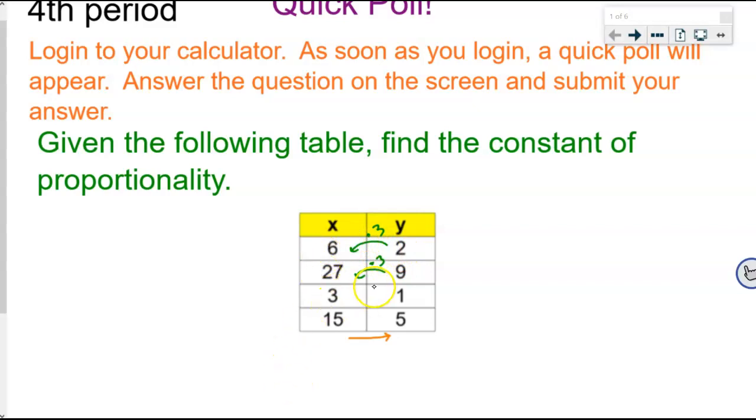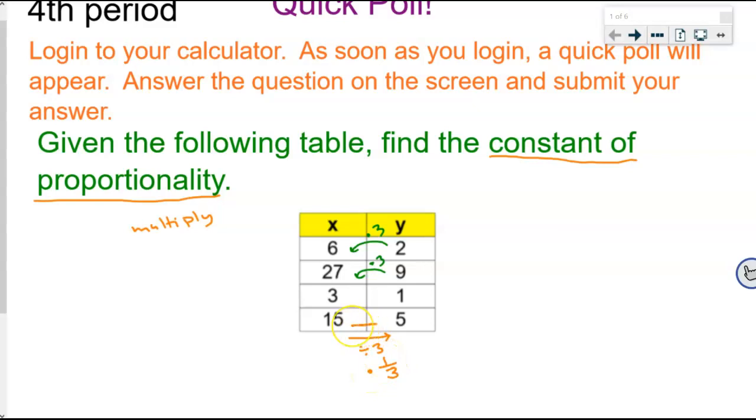The good news is if you notice that we can multiply by 3 going backwards, you can easily change that. When I go forwards, we are dividing by 3. That's great. However, the definition of the constant of proportionality is the number that we multiply by. If you see that division relationship, remember that dividing by a number is the same as multiplying by the reciprocal.